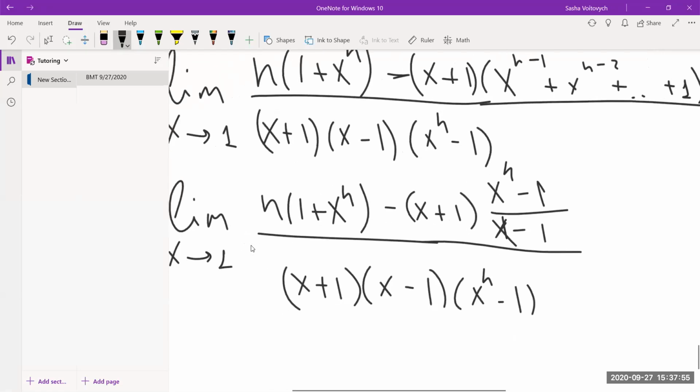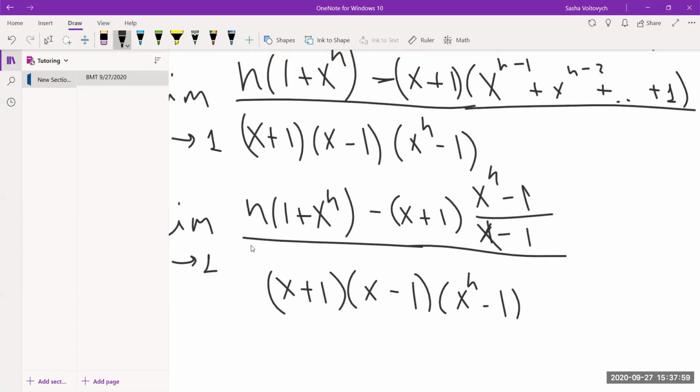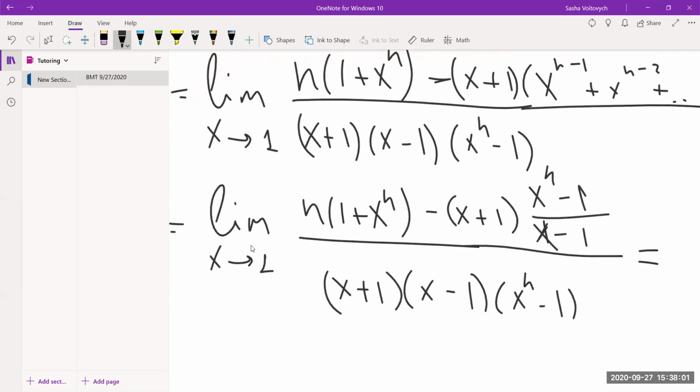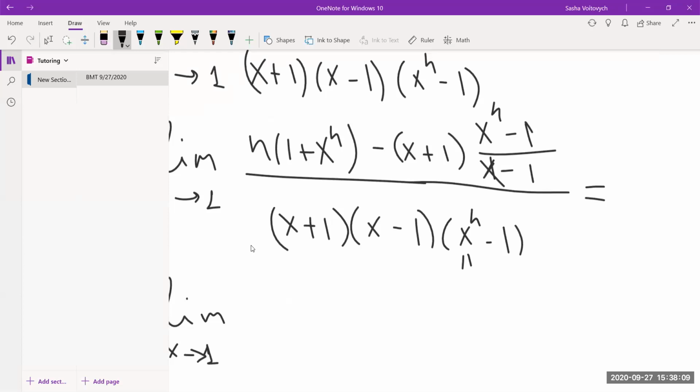To make it easier for ourselves, we can also do the following thing. This factorizes as x minus 1 times this big sum.